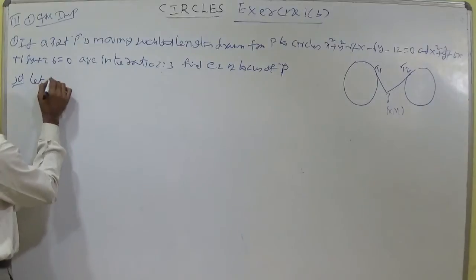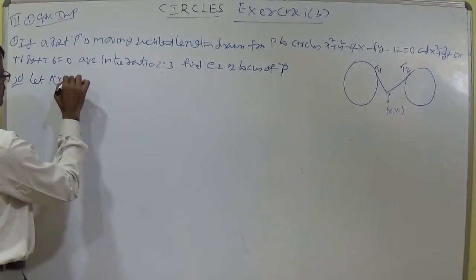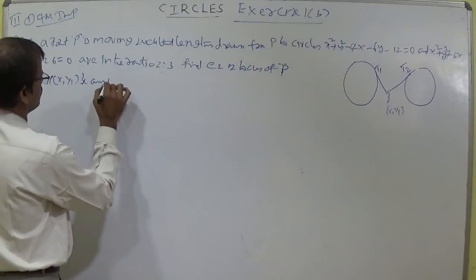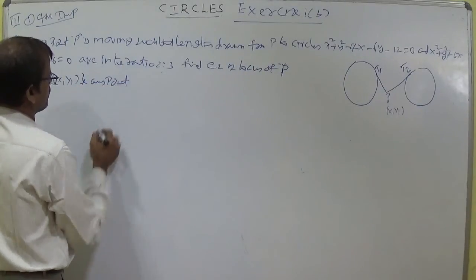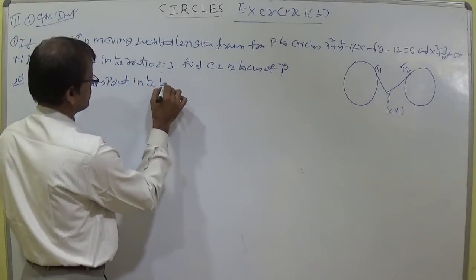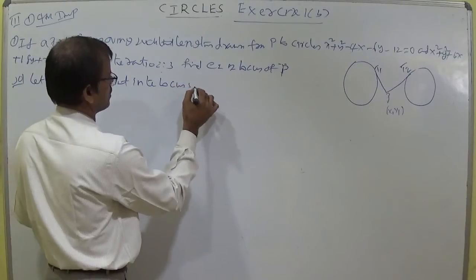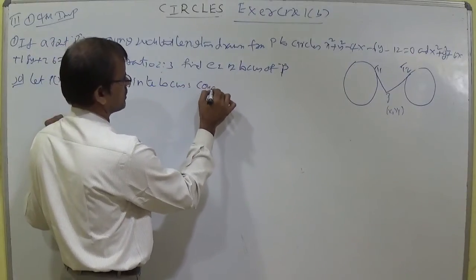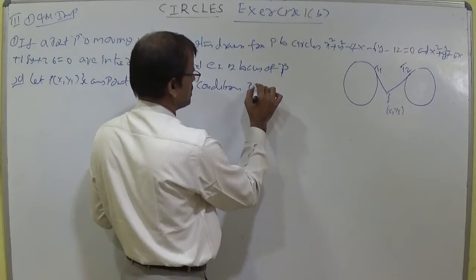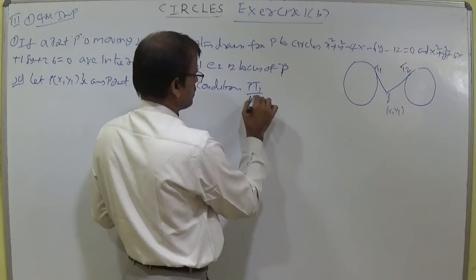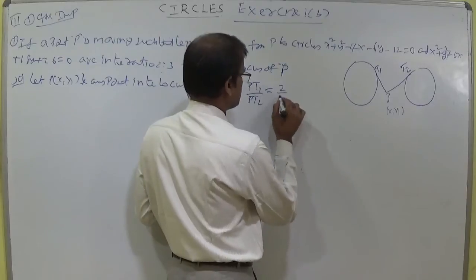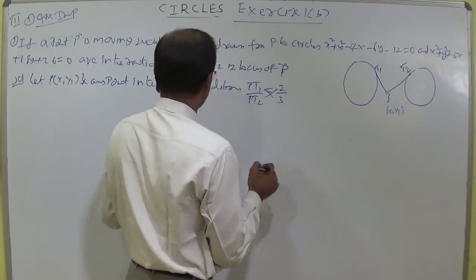Solution: let P(x1, y1) be any point in the locus. Already we learnt this in first year. Condition: PT1 by PT2 is 2/3.